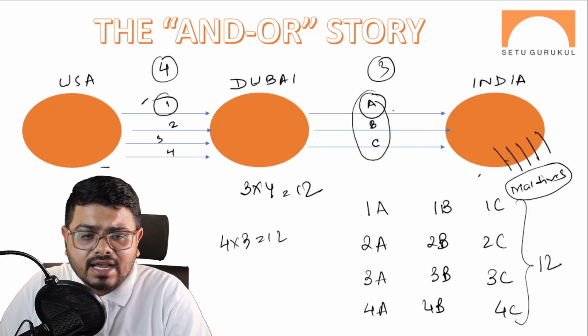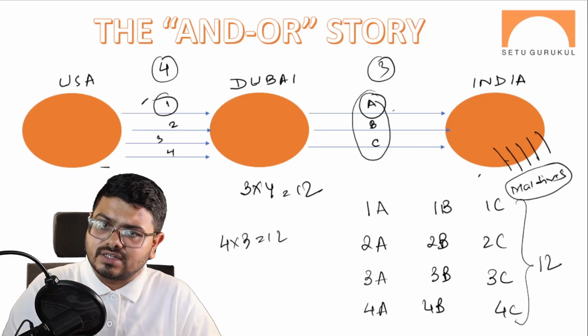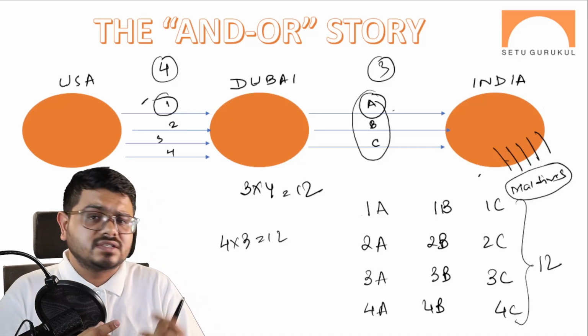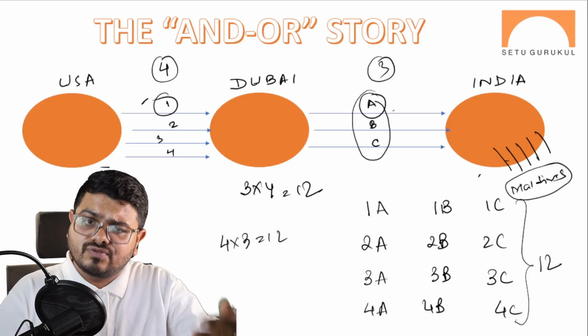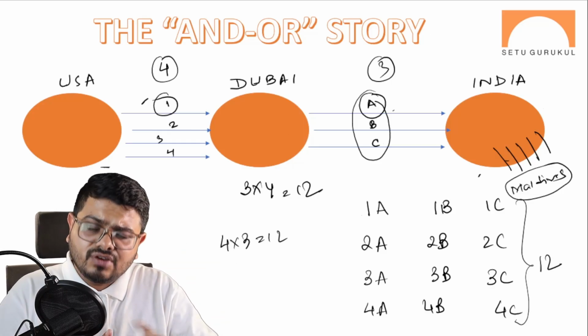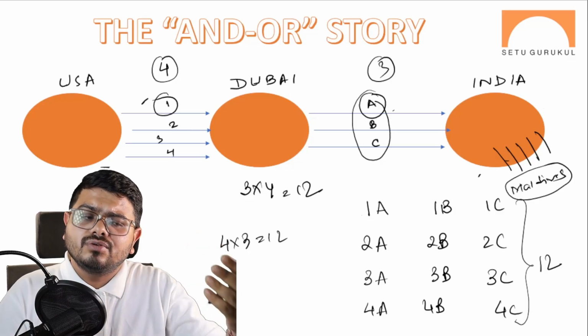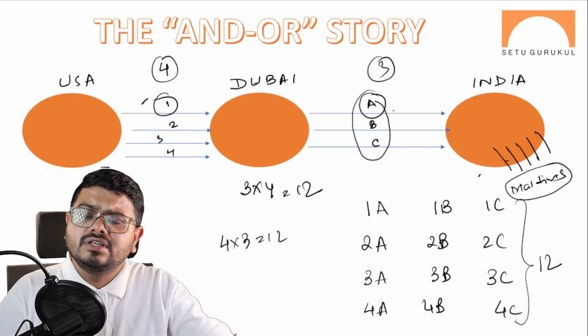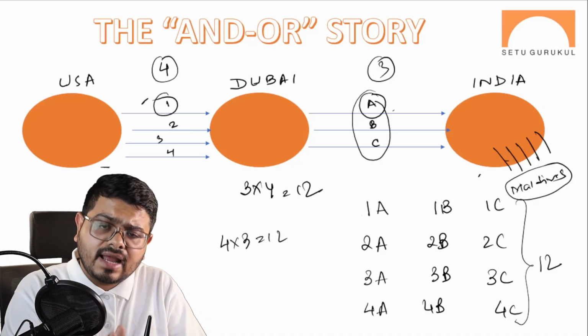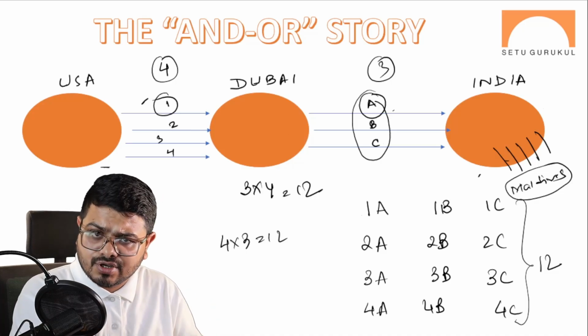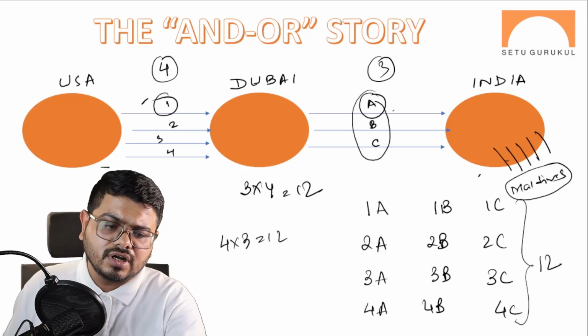So, that is the fundamental of an AND scenario, where your tasks are not conflicting in terms of time or space. You perform one after the other, and therefore you have a multiplicatively increasing number of options. So I hope why AND is associated to multiplication is clear to us for now.